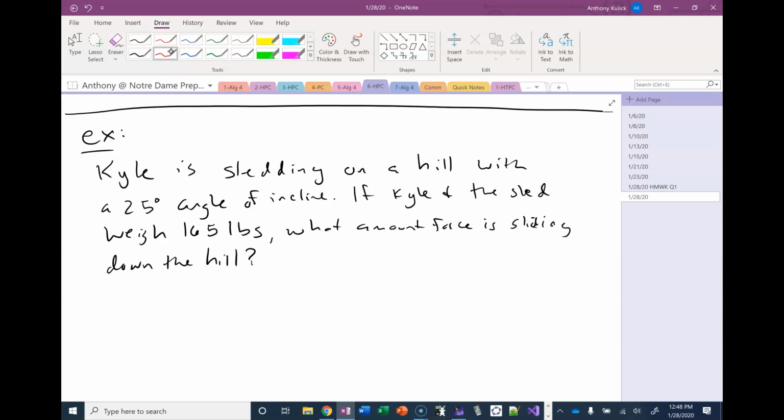Now, these kinds of force problems where things are happening at an angle, are these easy or can they get kind of terrible and difficult? These can get quite terrible. These sorts of problems can be quite difficult.